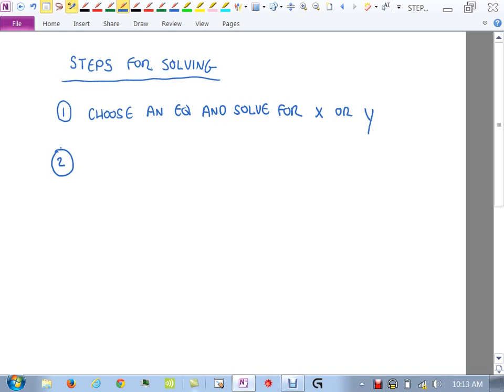Okay, once I've chosen that, what do I do? I've chosen the equation. Solve for the variable you chose, right? So solve that equation for the variable you chose.